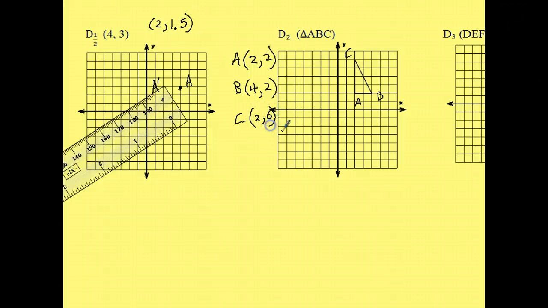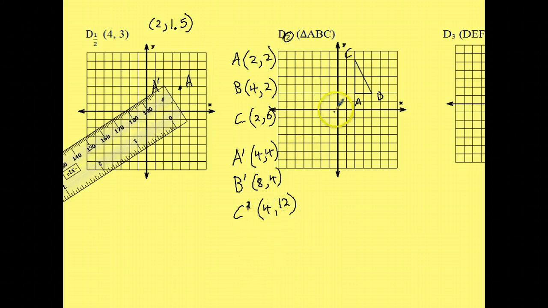So all these numbers are going to be multiplied times a constant of 2. So A prime is (4, 4), B prime is (8, 4), and C prime, whoops, is (4, 12).